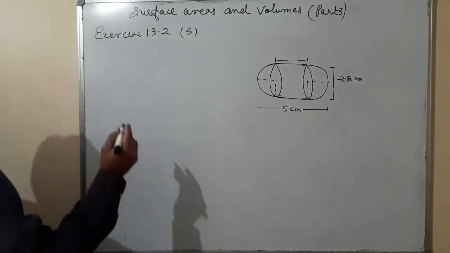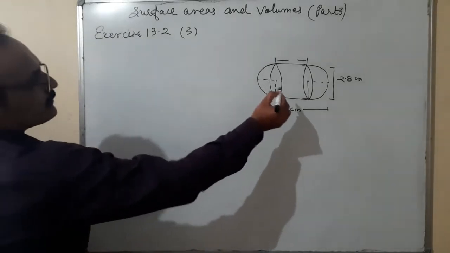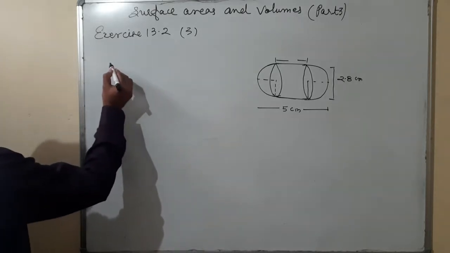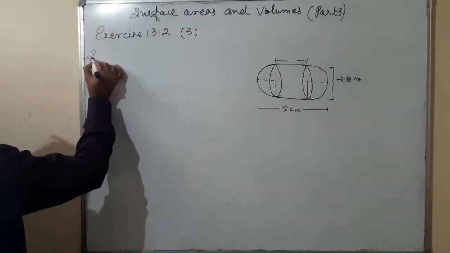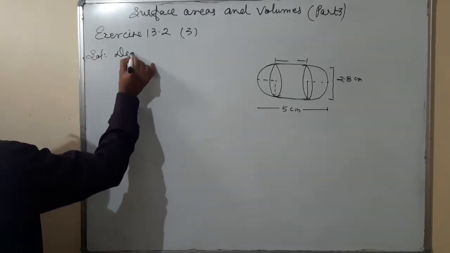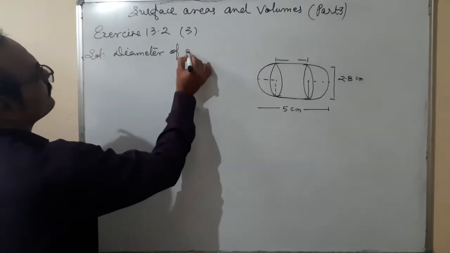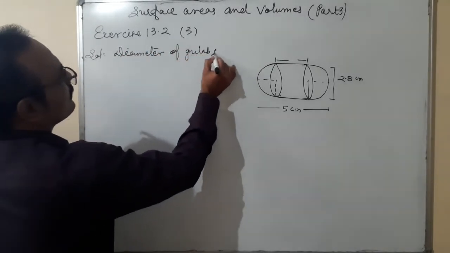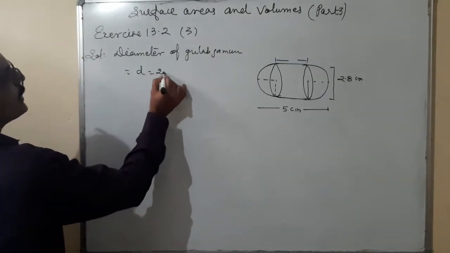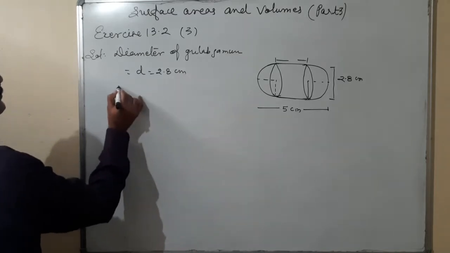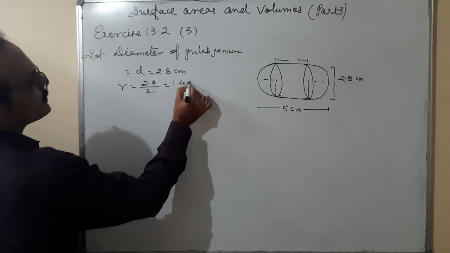So first, the diameter of the gulab jamun is D equals 2.8 centimeter. Therefore, radius R equals 2.8 divided by 2, which is 1.4 centimeter.